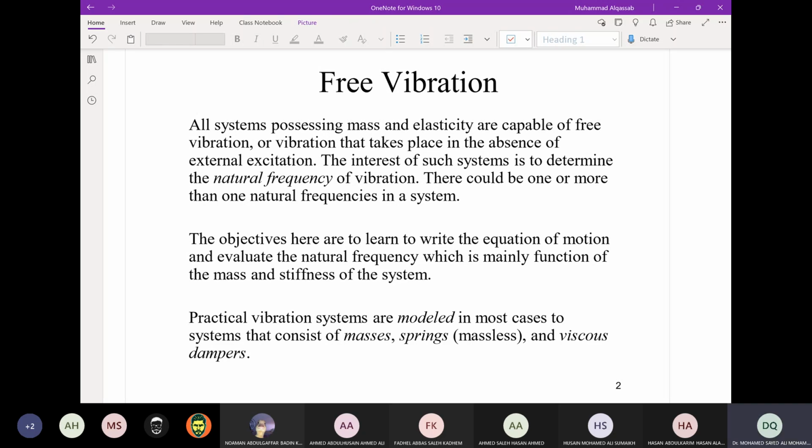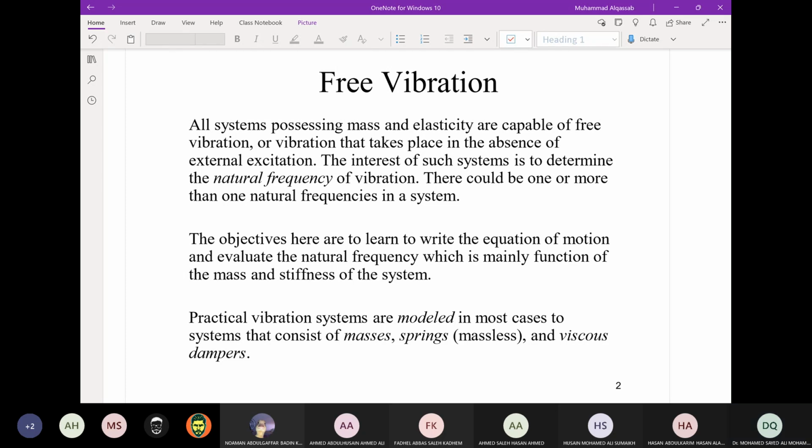If the system is rotational, then it could be a simple pendulum, a compound pendulum, or it can be in rotational vibration like a shaft.